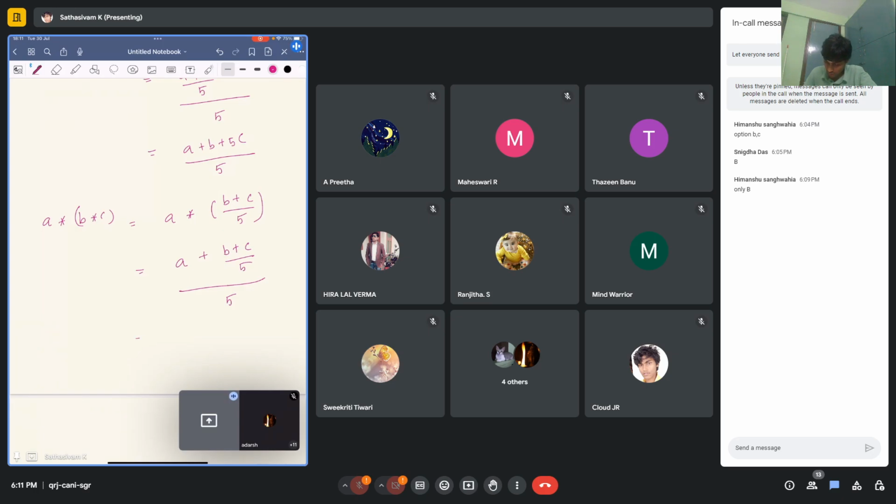So what will this be? This will be (5A plus B plus C) divided by 5. Okay. So if you see here, the 5C is here, but let's say the 5 is here. So you can easily see, in general, these two expressions need not be the same.